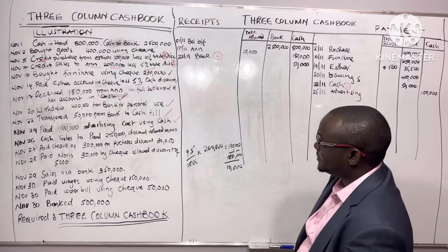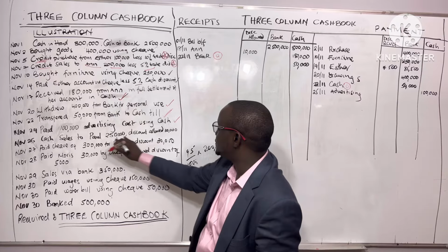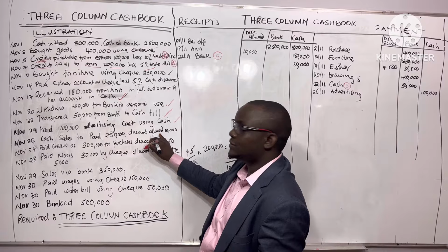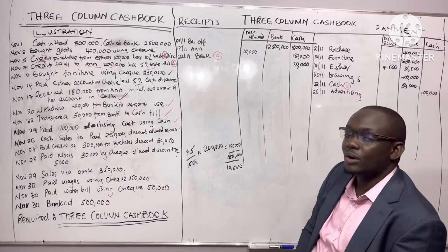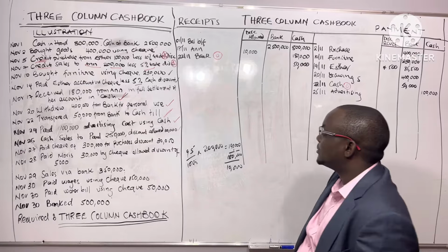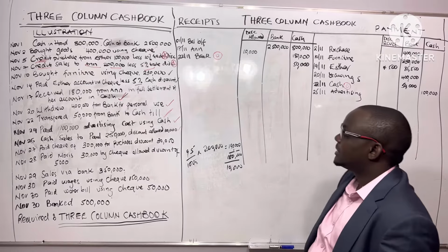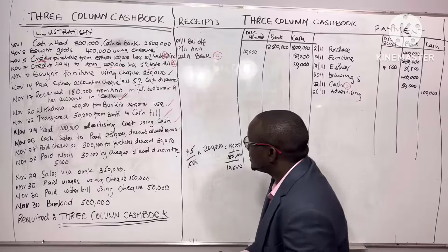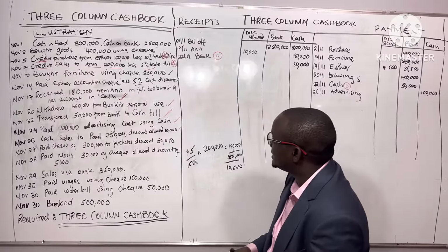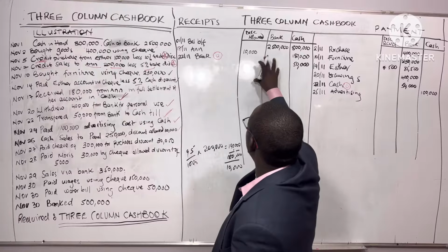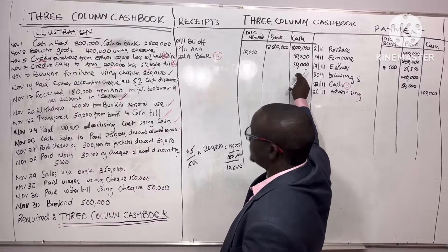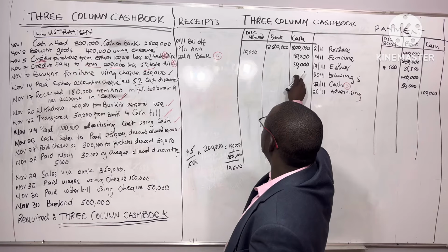The next one, we are told cash sales to Paul 250,000, discount allowed 10. So we go to Paul here. We are making sales to Paul using cash. Discount allowed is 10.